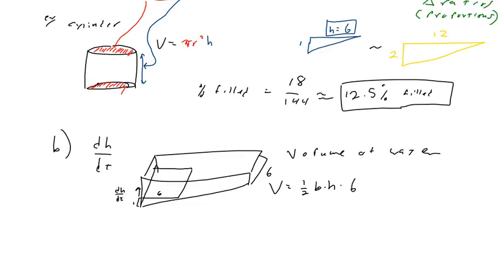Instead of dh, let's call this b, since that's our base. We use that as our base. So let's call this the change of base. It doesn't really matter, but we know the idea. Base, height, we know those.